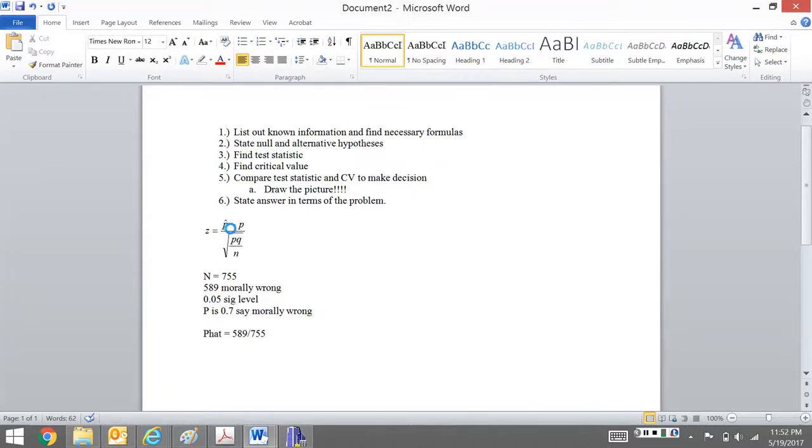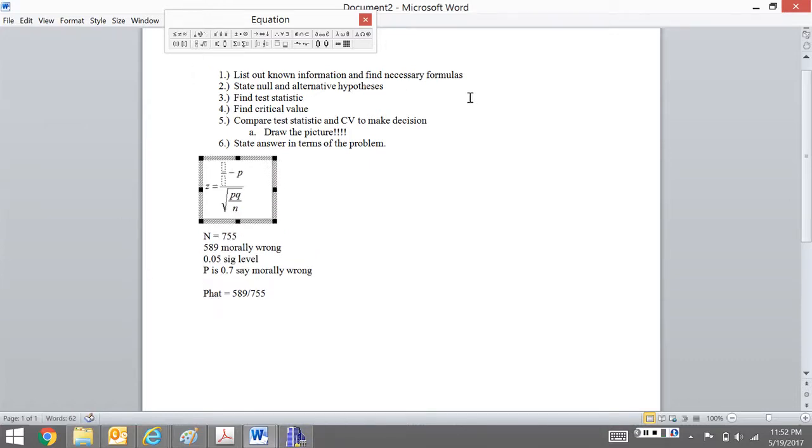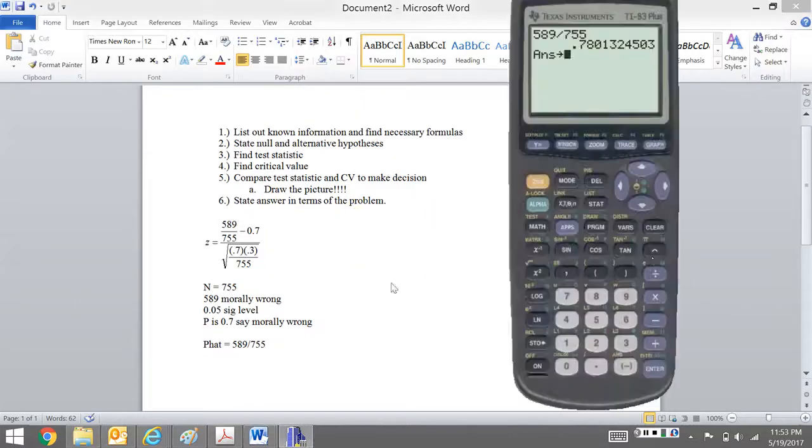A lot of times when I'm working my problem, I'm going to just actually put in the fraction because I'm going to keep it in my calculator. I'm not going to round. And then I'm subtracting from my proportion. That's what I'm testing, 0.7. Now down here there's no hat. This is 0.7 times 0.3, and then this is over 755, my total N. So now when I come back here to my calculator, I've got this.